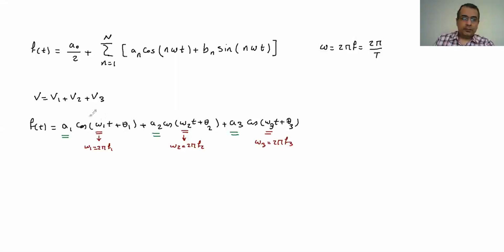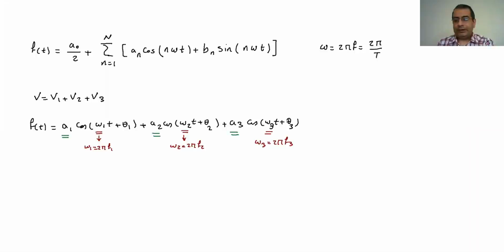So I have three waves that, if I add them together, are going to generate the original wave, and each of them has an amplitude and frequency. Now let's look at what we have.